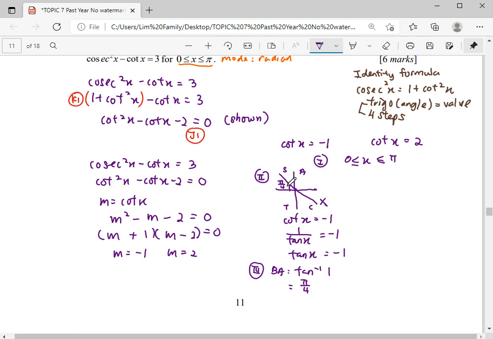So finally, we solve for x. Step 4, we start our rotation. In quadrant 1, we don't have any answer. In quadrant 2, I need to take pi minus the basic angle. So my solution here will be 3 pi over 4. That will be one part of our answer.